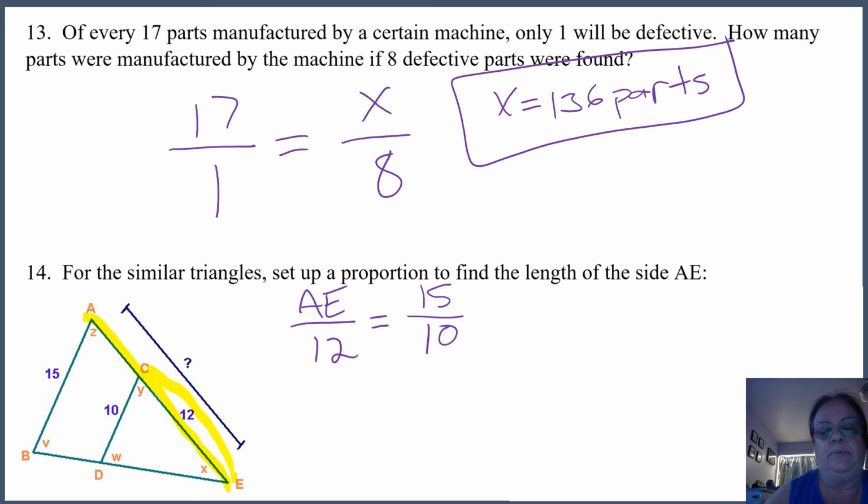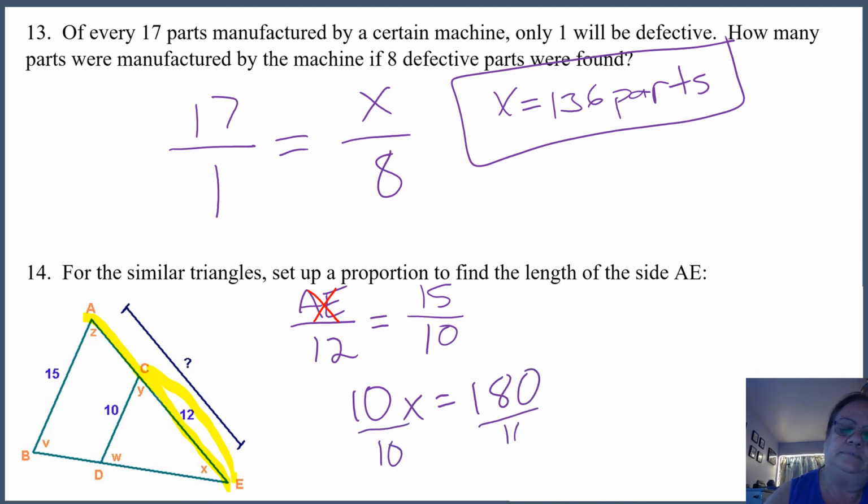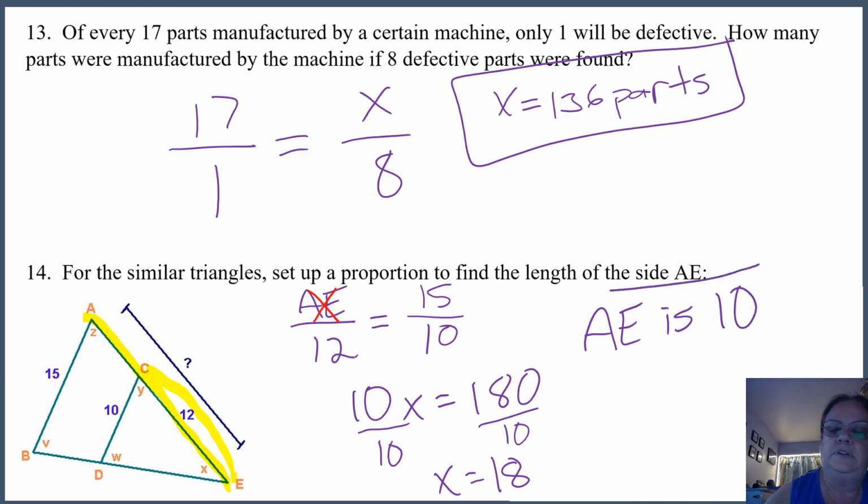All right, so now we do our proportion. We're going to turn that AE into x. So now we have 10x equals 15 times 12. That's 120, and 60 is 180. Okay, divide by 10. X is equal to 18. So our answer is AE is 18. There are no units, so we don't need to specify them.